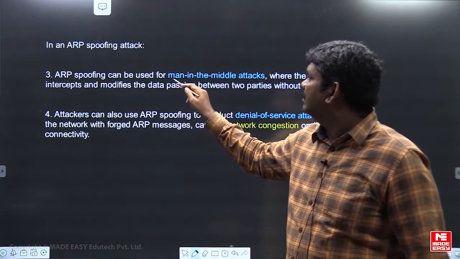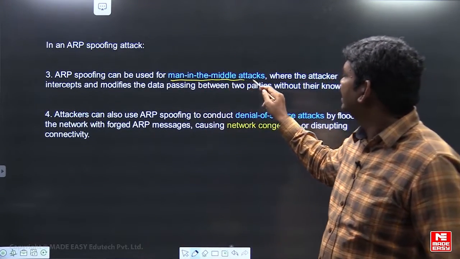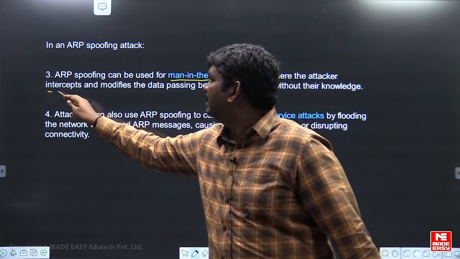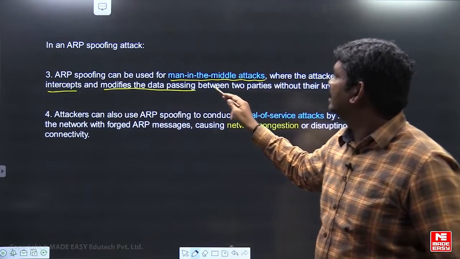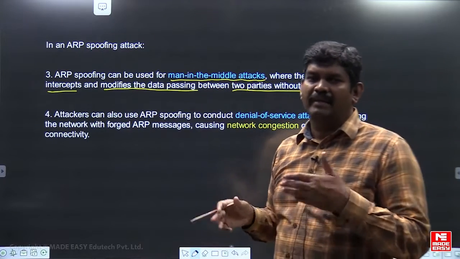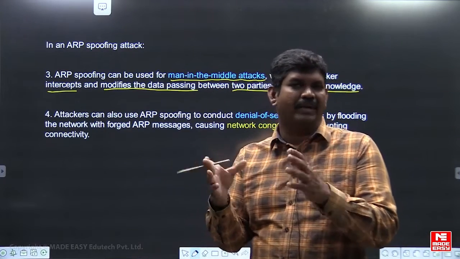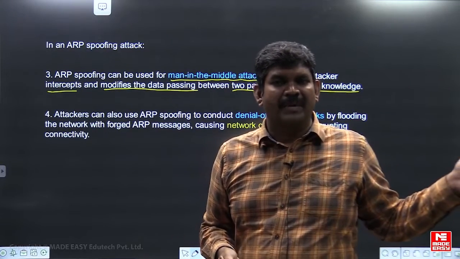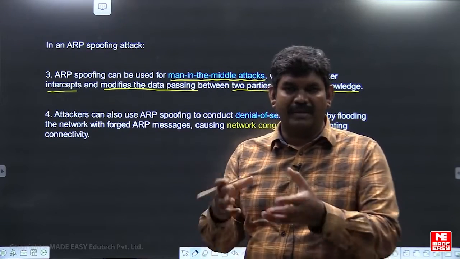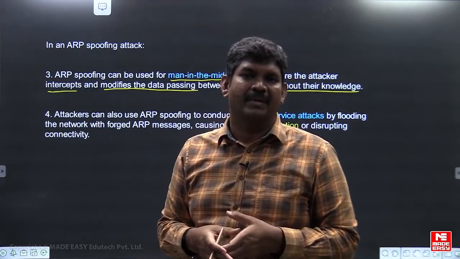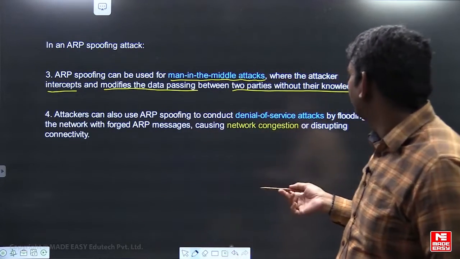This ARP spoofing can be used for man in the middle attacks, where the attacker intercepts and modifies the data passing between the two parties without their knowledge. That means if he wants, he can just snoop the network, observe, and send the same data to Bob. But if he wants, he can modify it also, because he has the privilege. Okay, he has the entire content there. That is the meaning of it.